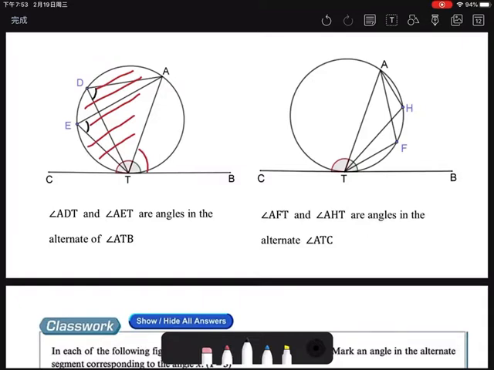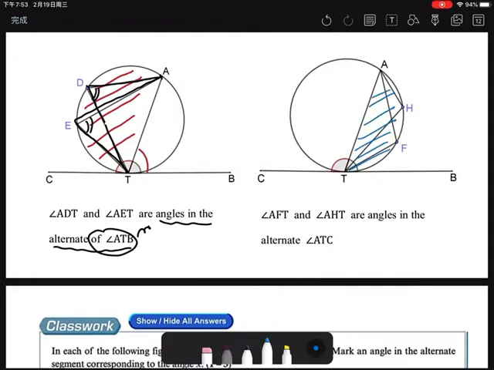So the angles in this alternate segment, angle ADT and angle AET, are called the angles in the alternate segment of angle ATB. Usually we would just say angle ADT and angle AET are angles in the alternate segment, but corresponding to which angle? Corresponding to angle ATB.